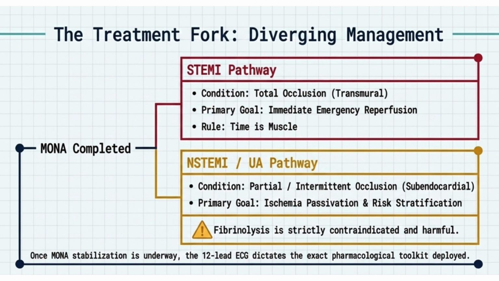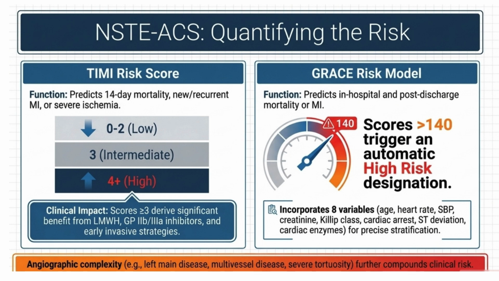So to decide how fast a non-STEMI or unstable angina patient needs to go to the cath lab, clinicians utilize validated risk scores.